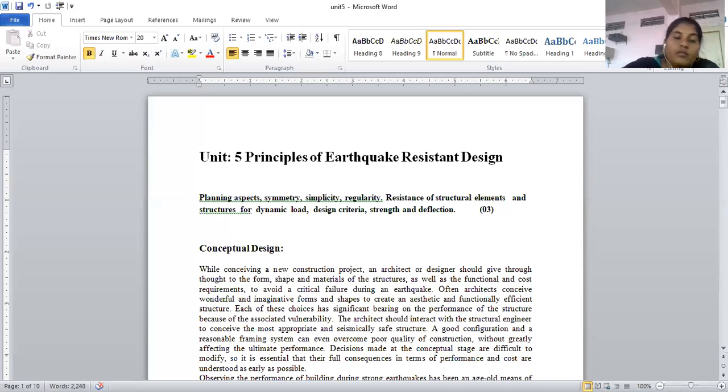Already we know that if any building component is weak, we can strengthen that component. But strengthening the structure only by adding extra material while designing the components will not minimize the failure risk during the earthquake.